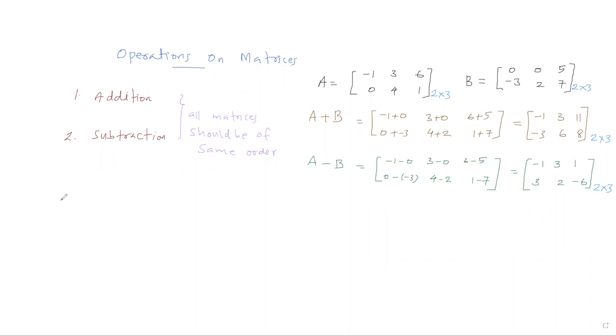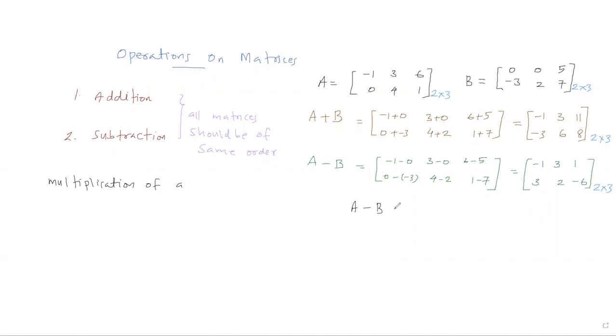Then another concept, multiplication of a matrix by a scalar. सर, वो A माइनस B जो आया है उससे B माइनस A अपोजिट आएगा ना? हाँ, साइन तो ऑपोजिट आएगा.